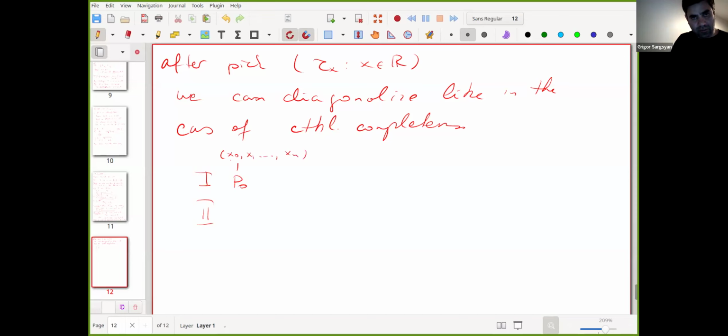Then I have to play according to these strategies. So we have to make sure we play infinitely often according to tau_x for any x that shows up in the play.